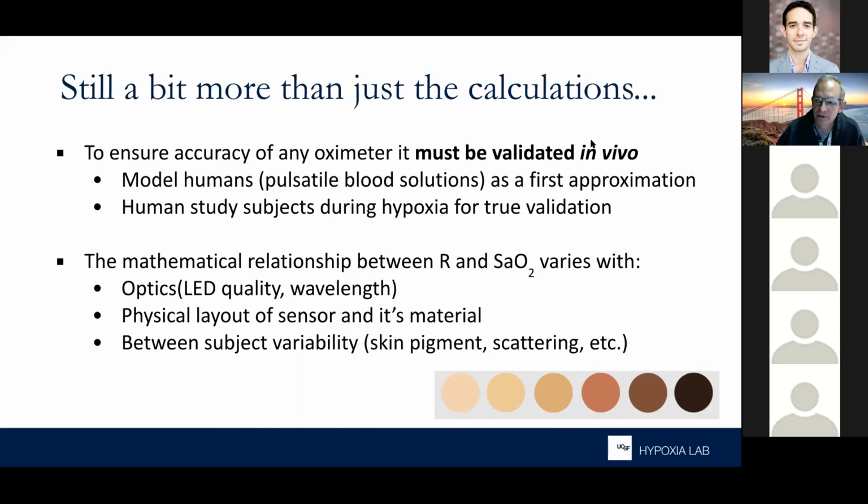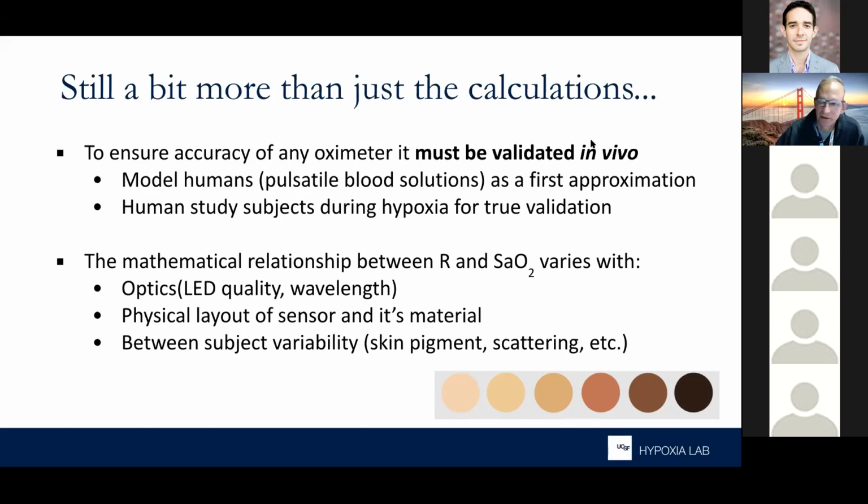Now, in practice, the relationship between the output of the oximeter and the true saturation varies with some known quantities, and they include the quality of the optics, the quality of the light emitting diodes that are used to produce the colors in the probe, the physical layout of the sensor and its material.